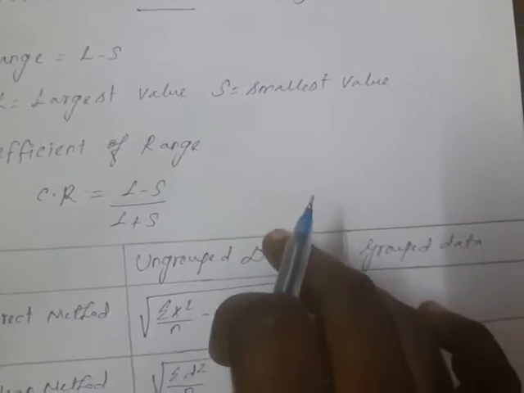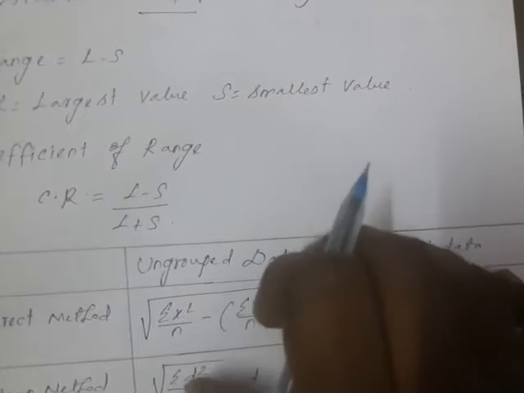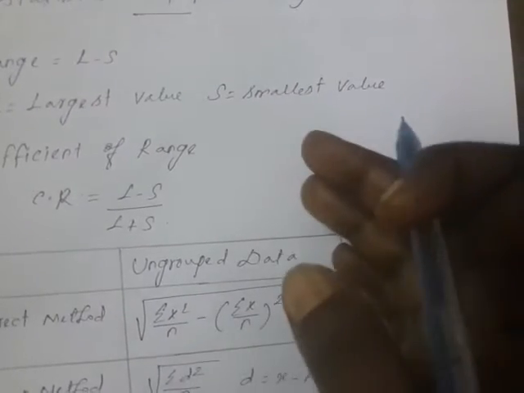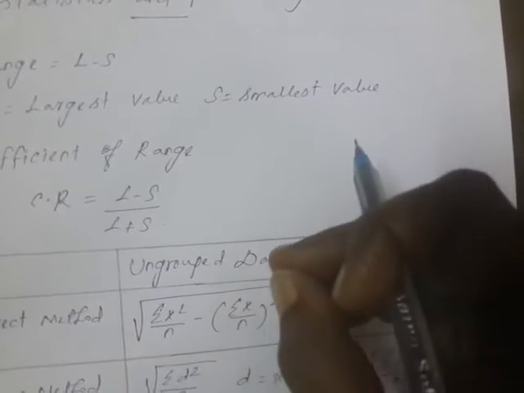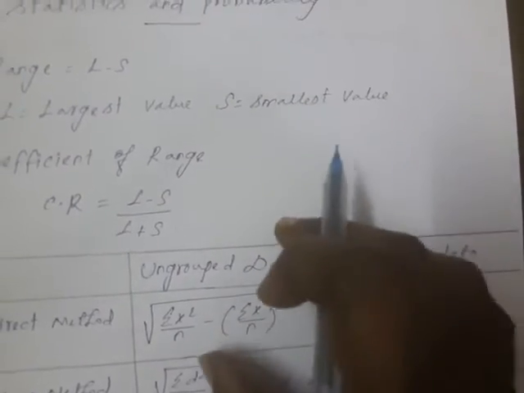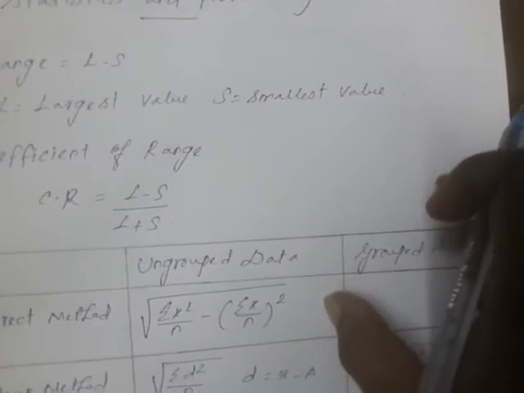Grouped data means the values are given in a box method, with frequency and values also given. Using that we will see through the example. Just you have to know the formula for ungrouped data and grouped data.